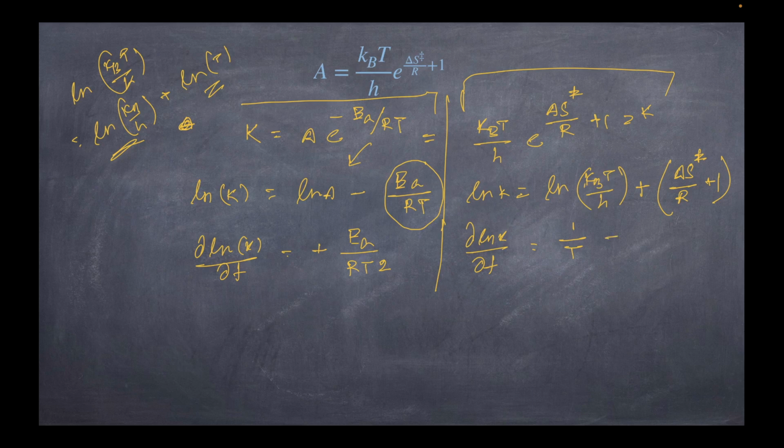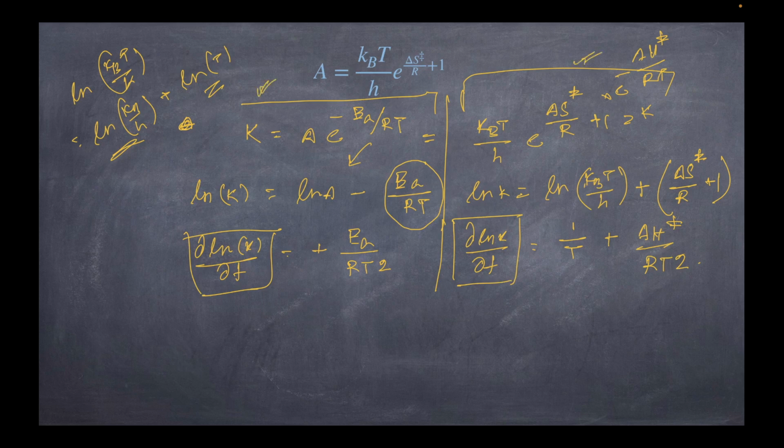Also, the expression is a multiplication with e to the power minus delta G double dagger by RT. So the derivative will be just plus delta H double dagger divided by RT square. This side is d ln k by dT from the Arrhenius expression, and this is d ln k by dT from the transition state theory approximation.